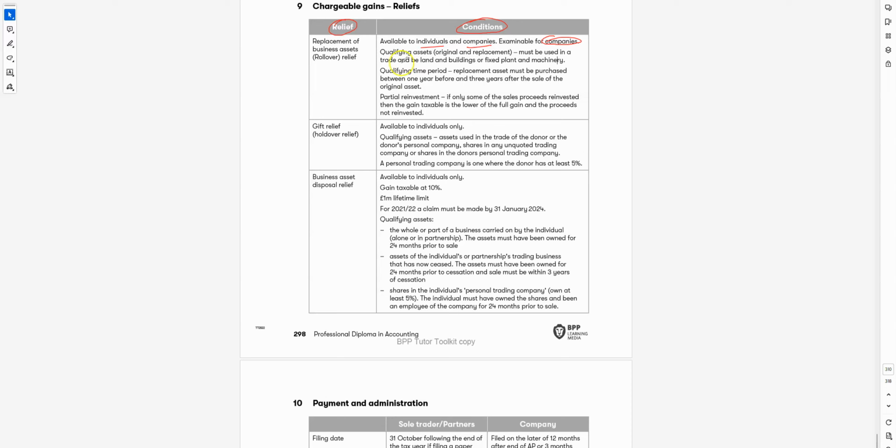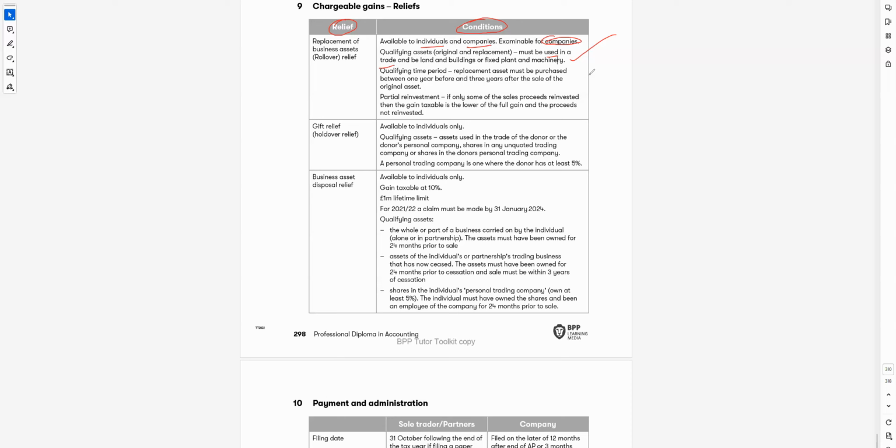The first one, qualifying asset: original and replacement must be used in a trade and be land and building or fixed plant and machinery. That's the first condition. Number 2, qualifying time period. That's very important.